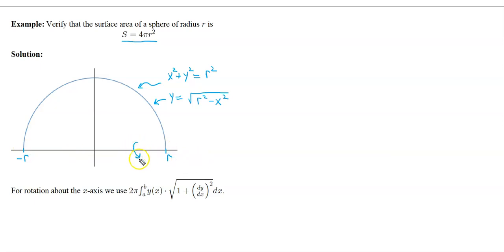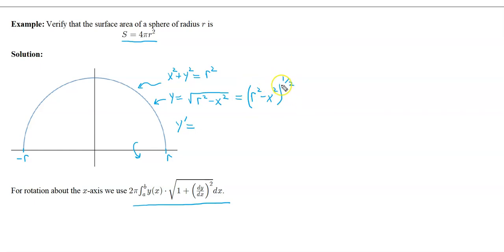Now if we're going to do rotation around the x-axis, we want to apply this formula down here. Recall, for surface area of a curve rotated around the x-axis, this is our surface area formula. Now all we have to do is plug all of our information from our picture into this formula. The y is going to be the square root of r squared minus x squared. We need to take the derivative also, so if we differentiate this, we think of it as r squared minus x squared to the 1/2 power.